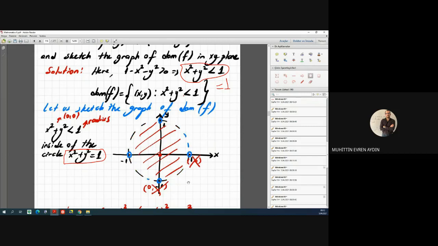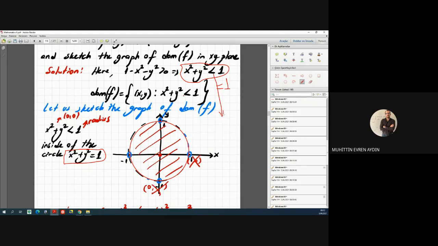But in our case, we have not an equality, we have an inequality.